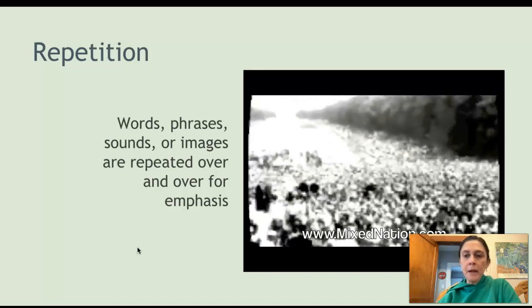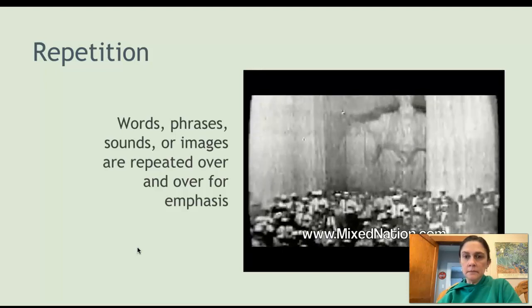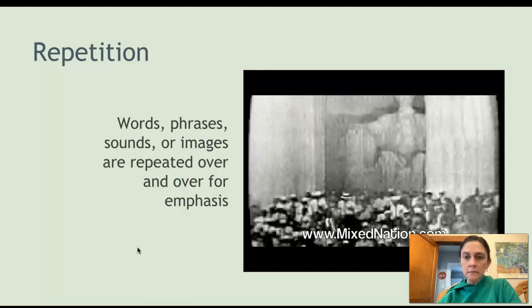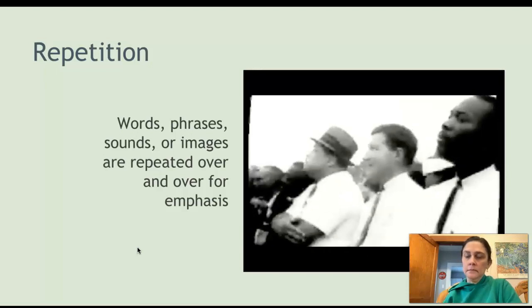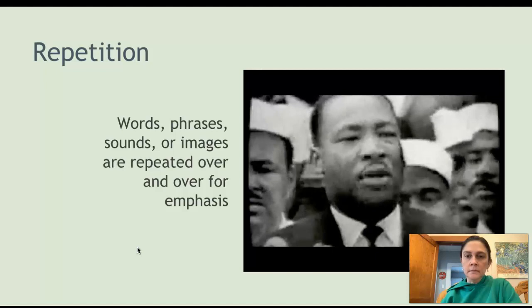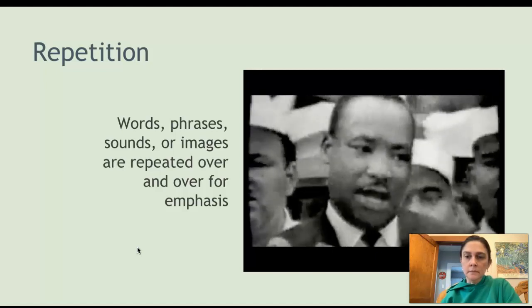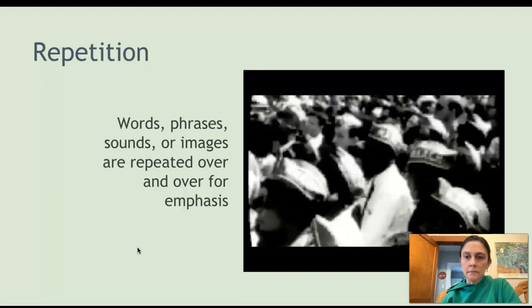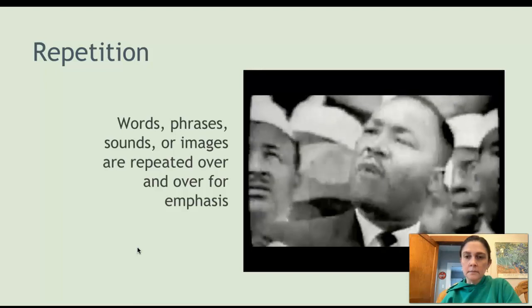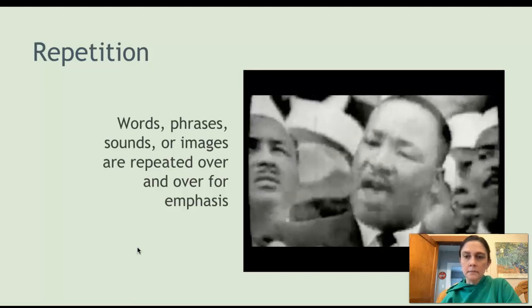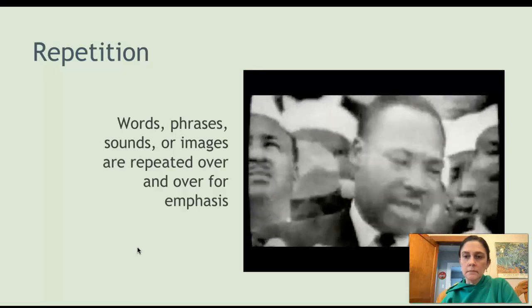I have a dream that one day on the red hills of Georgia, sons of former slaves and the sons of former slave owners will be able to sit down together at the table of brotherhood. I have a dream that my four little children will one day live in a nation where they will not be judged by the color of their skin, but by the content of their character. I have a dream.